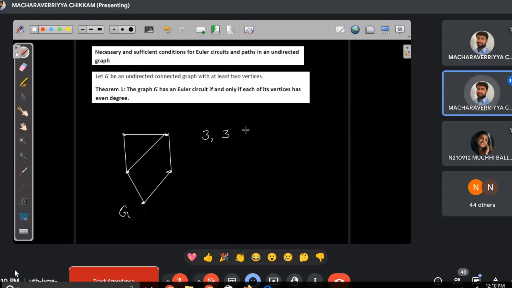I hope the rest of the vertices are of degree 2. So now it has vertices of odd degree. Therefore, this theorem says that we cannot have an Euler circuit in this undirected connected graph. So it is very clear that using the theorem we can say there is no Euler circuit.